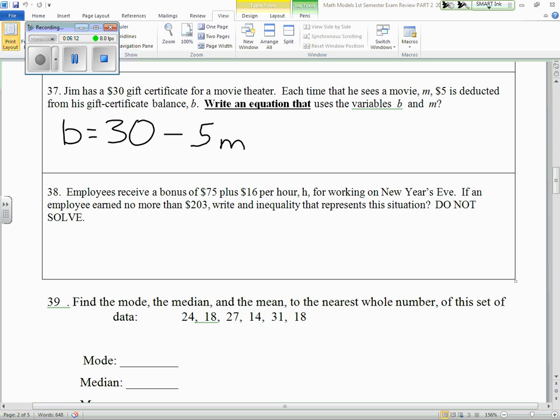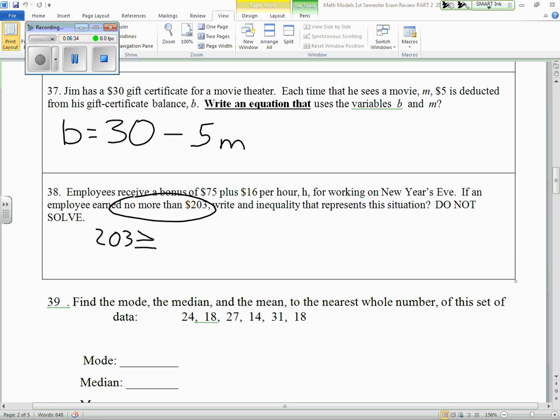All right, an employee receives a bonus of $75 plus $16 an hour for working on New Year's Eve. If an employee earned no more than $203, write an inequality that represents this situation. We don't have to solve it. No more than $203, less than or equal to 203.